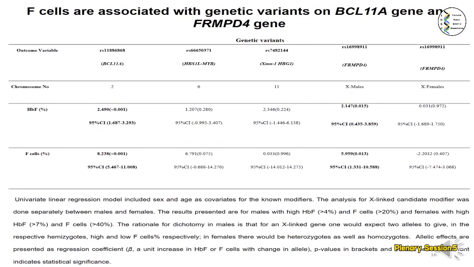However, we did not see this significance in chromosomes 6 and 11. As I explained in the previous slide, we see the significance in males with high HbF as well as males with high F cells in these individuals. However, we are not able to see the same for the females.